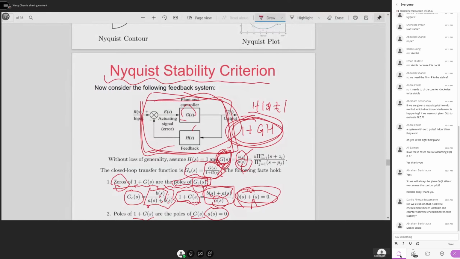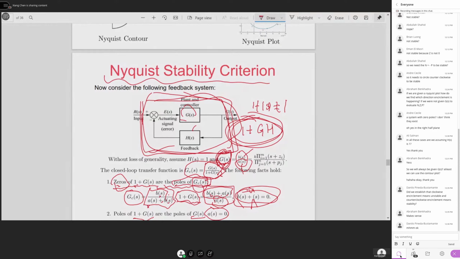Danilo, you got my point? This is another stubborn case. Do not be stubborn. Oh, I just need to remember there should be the counterclockwise encirclement. No, do not forget the other condition. N must be equal to minus P. That condition should be satisfied too, and that condition can only be satisfied by the counterclockwise encirclement.